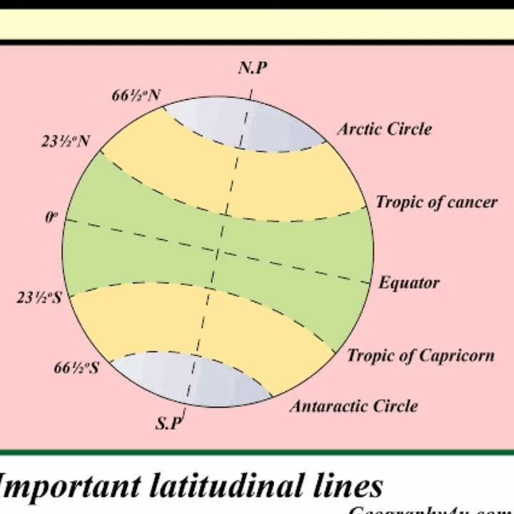Third, Arctic Circle, 66.5 degrees north of equator. Fourth, Antarctic Circle, 66.5 degrees south of equator.